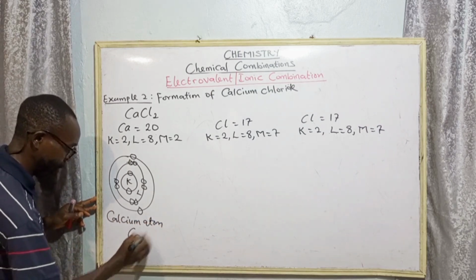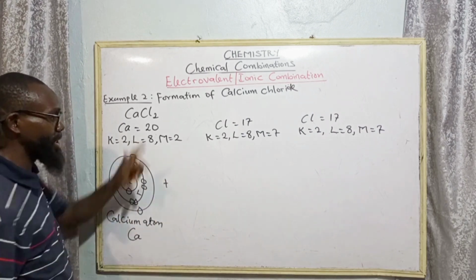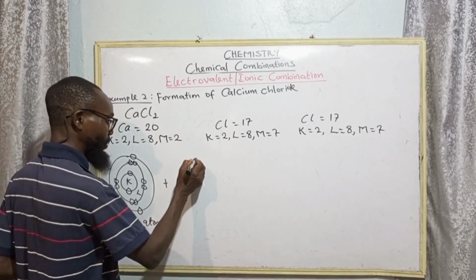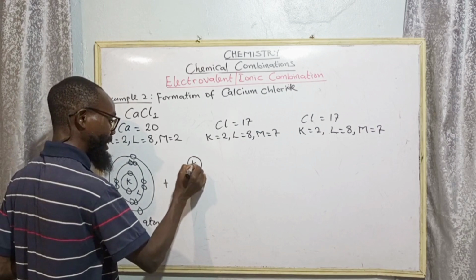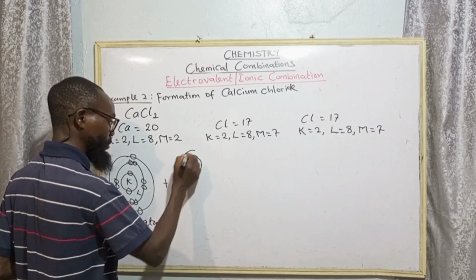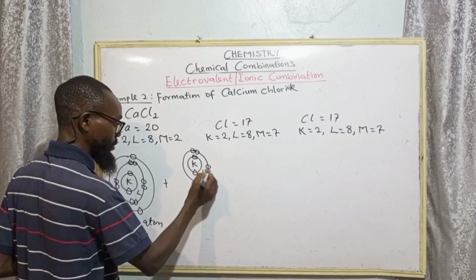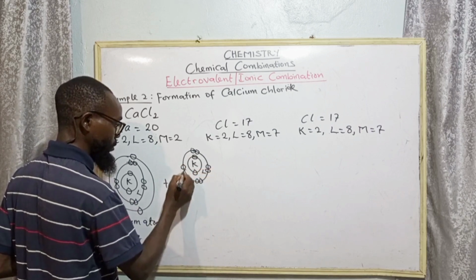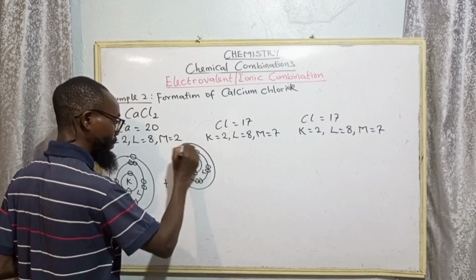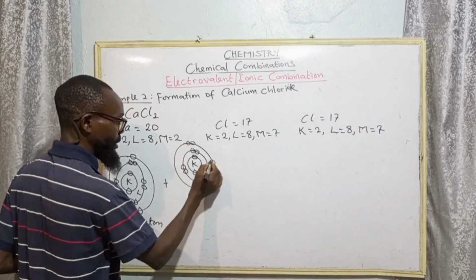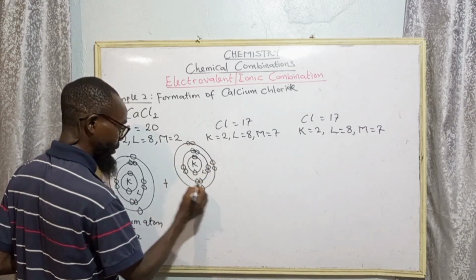That is Ca. Combining with chlorine atom, the first chlorine having K 2 electrons, L having 8 electrons, then our M having 7 electrons.